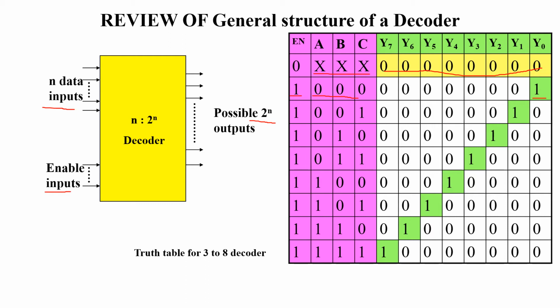If enable is 1 and the input is 001, its value is 1, so y1 will be activated. Similarly, if enable is 1 and ABC is 111, y7 will be activated. Like this, y7 will be selected.